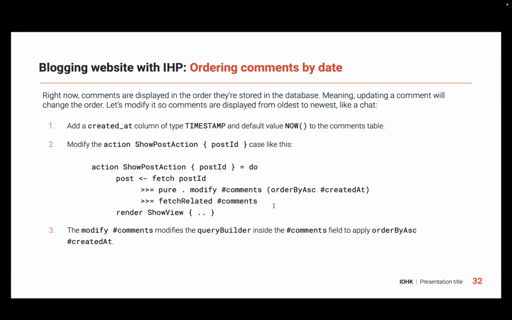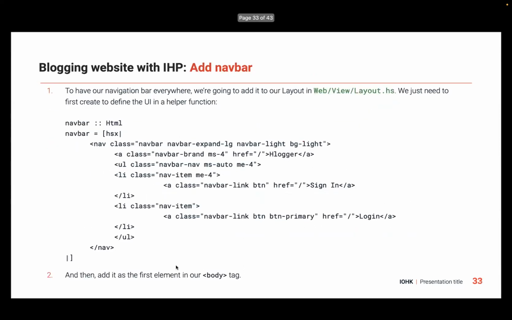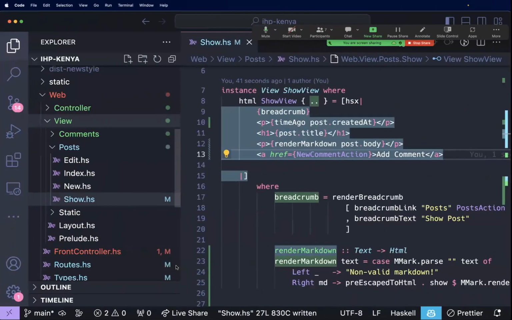Then we can order the comments by dates. We have to just, same as before, create a created-at timestamp, show the comments, and modify the query. Then we can add a navigation bar. We have this layout thing that renders every time.